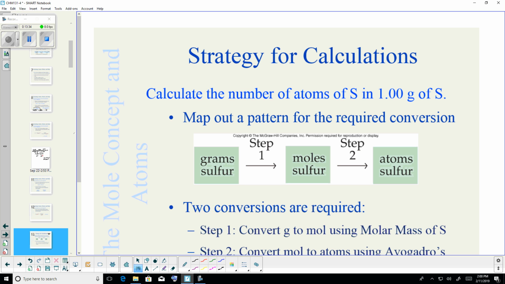So if I'm going from moles of A to particles of A, which could be atoms, or molecules, I'm going to multiply by Avogadro's number, 6.022 times 10 to the 23rd.